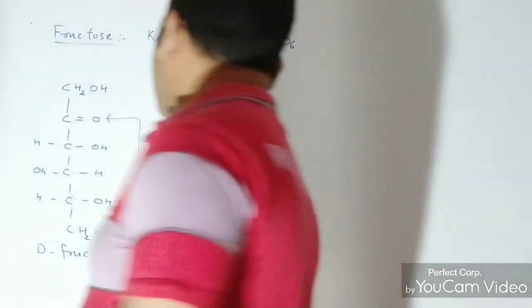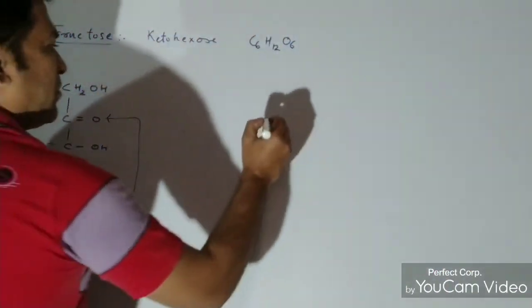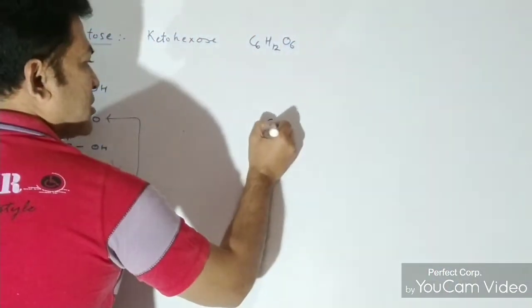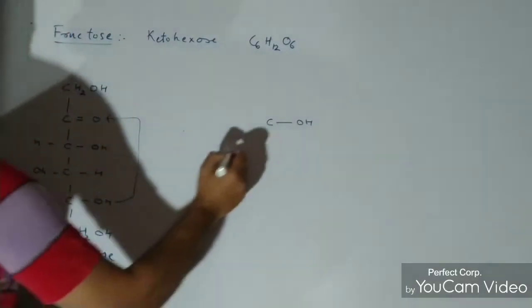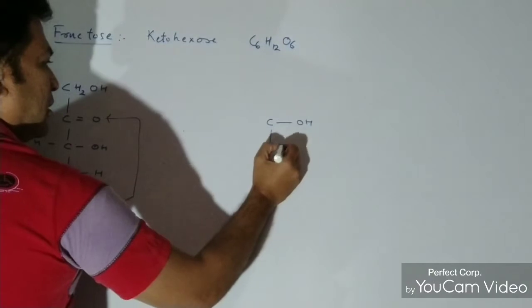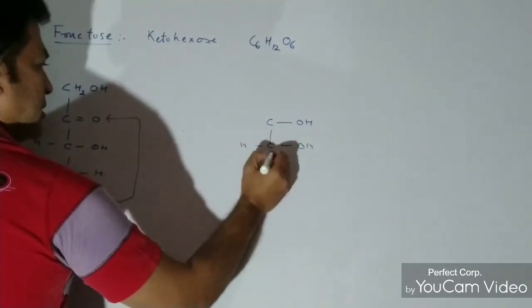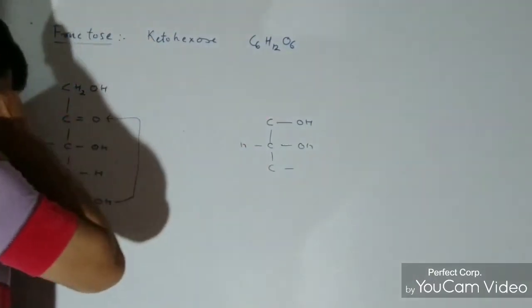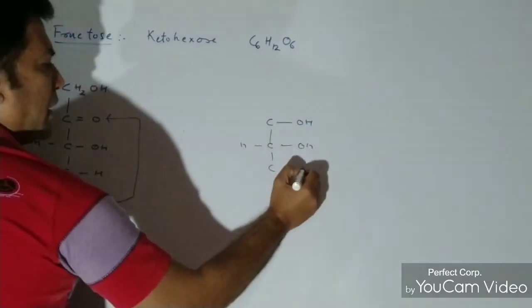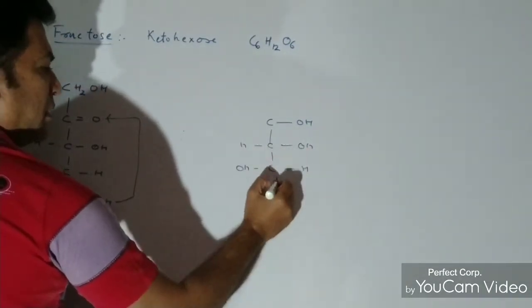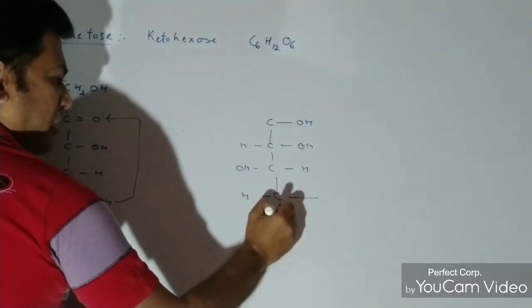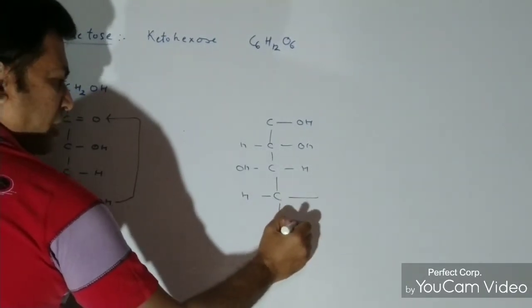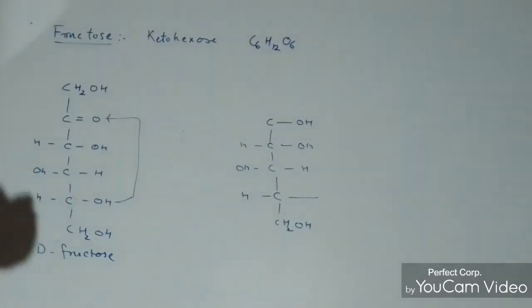And that's why now whatever the cyclic structure we are obtaining, so C OH attached here, this H went there, then C OH H C H OH C. Now this H is remaining, here will come CH2OH. Now what is happening?